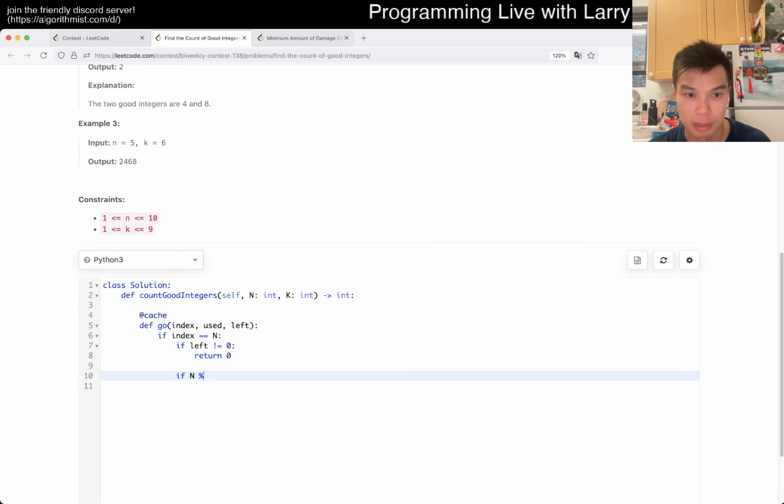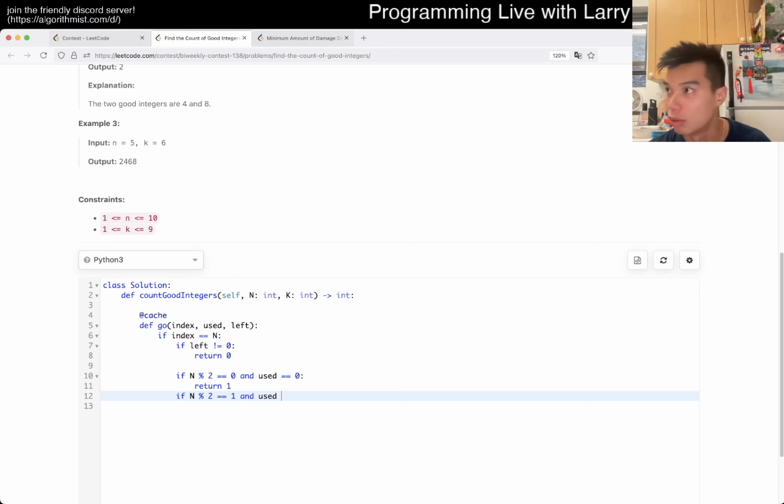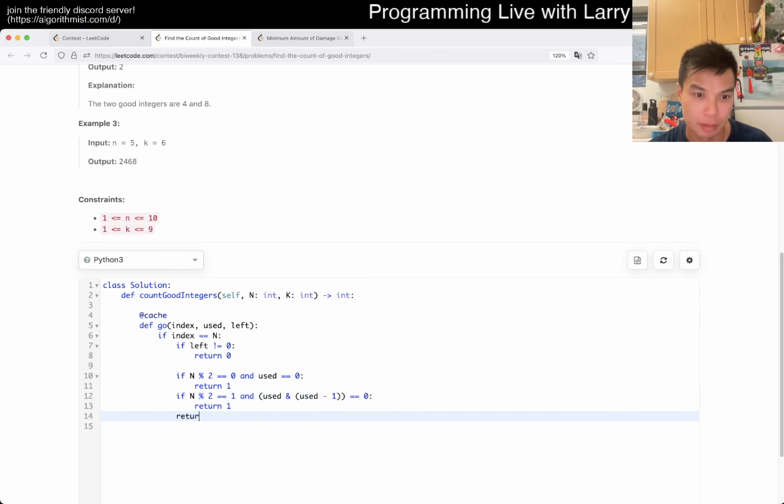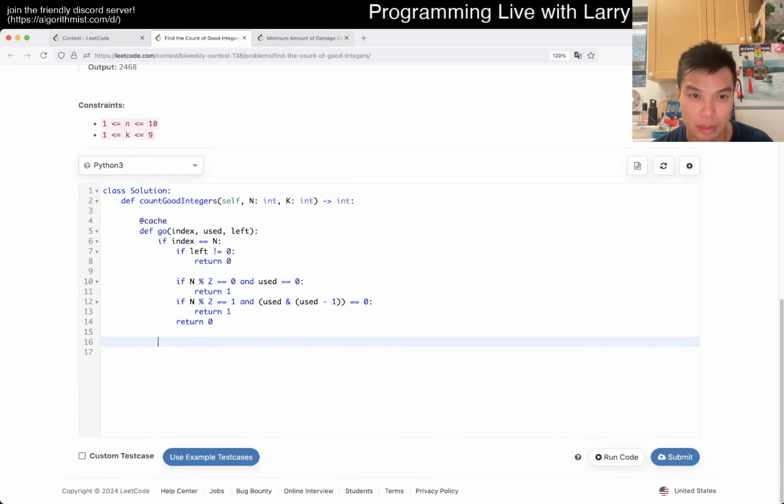So if n mod 2 is equal to 0 and used is equal to 0, then we return 1. If n mod 2 is equal to 1 and used is a power of 2, so something like this, right? Okay.